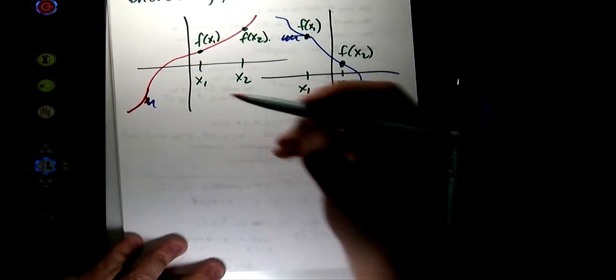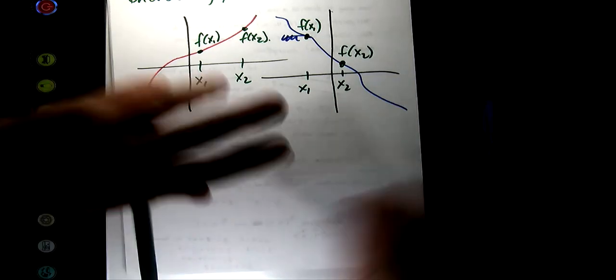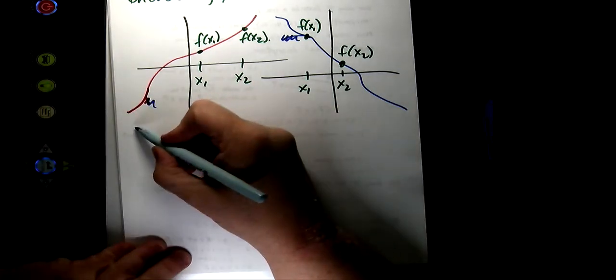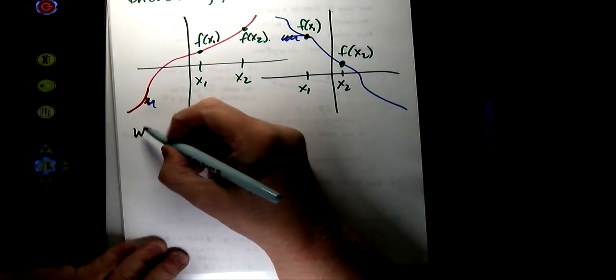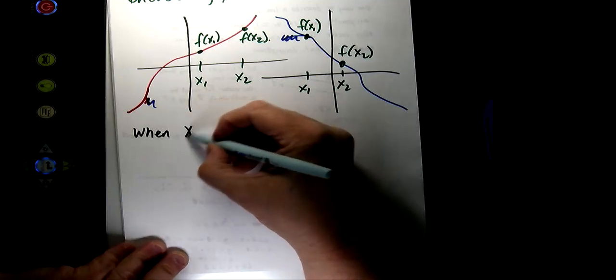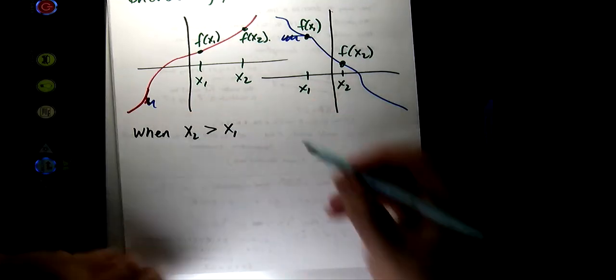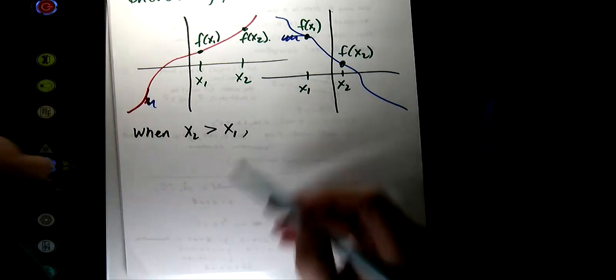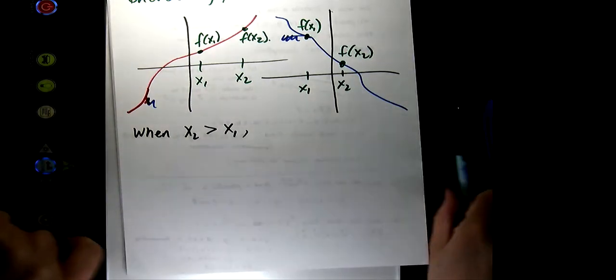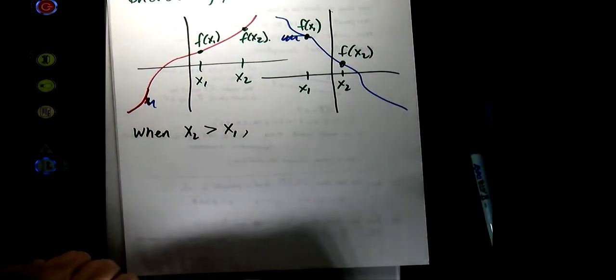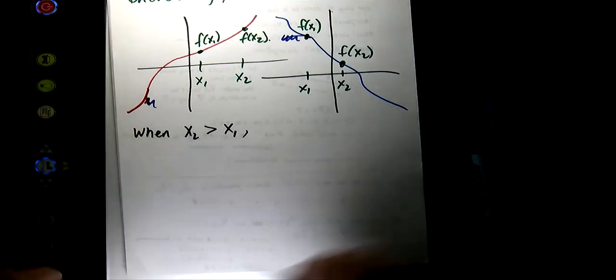Both of these sentences are going to start off with the same thing. When x2 is greater than x1, which is what I have pictured, it's just how you label them.